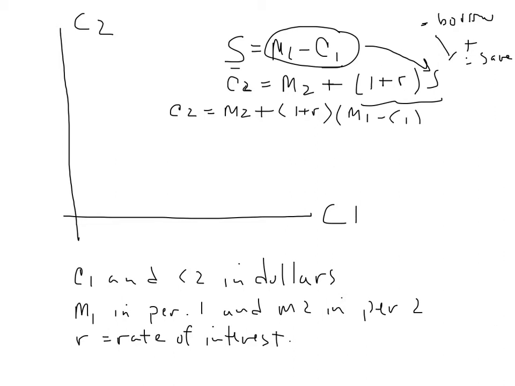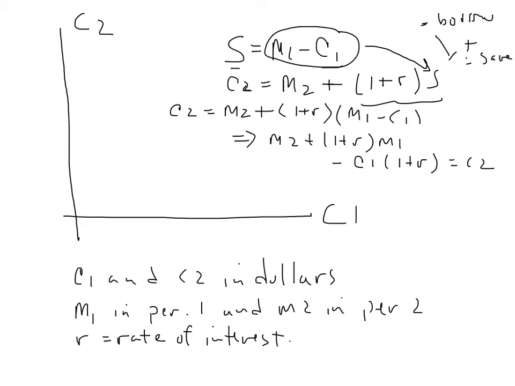Now we can rearrange this a little bit, and it becomes M2 plus 1 plus R M1 minus 1 plus R C1 equals C2.